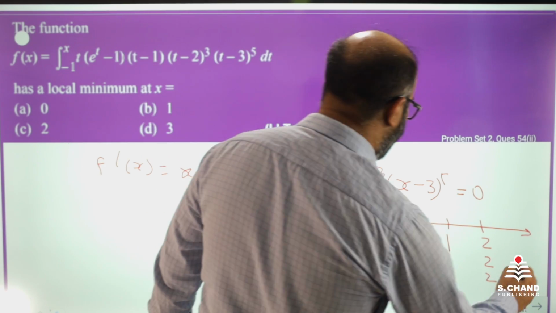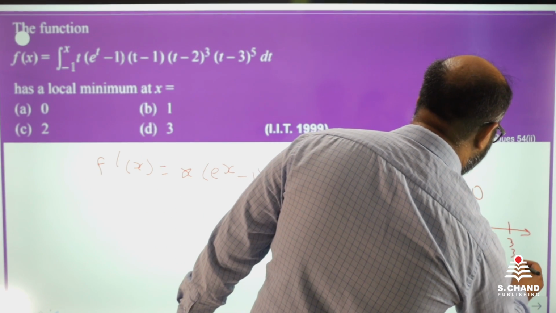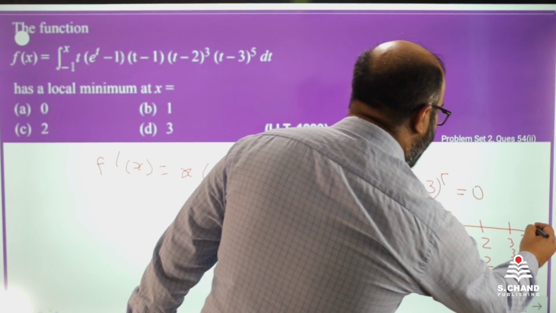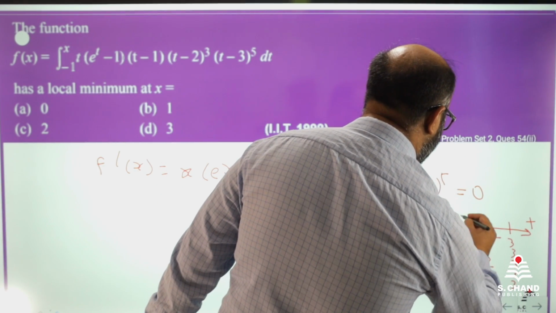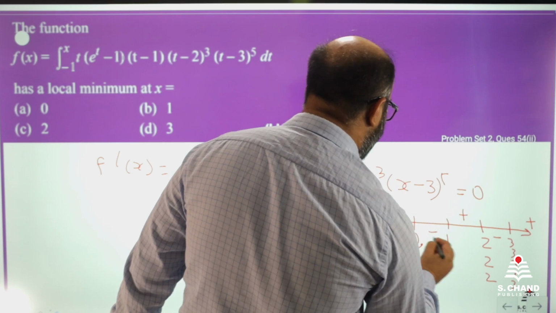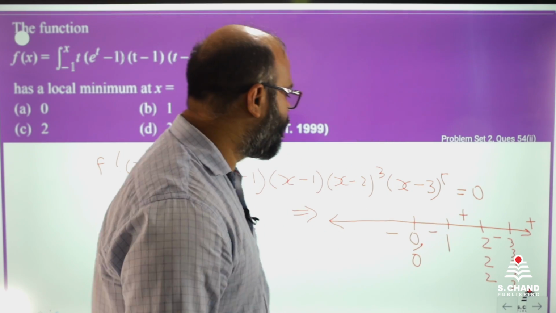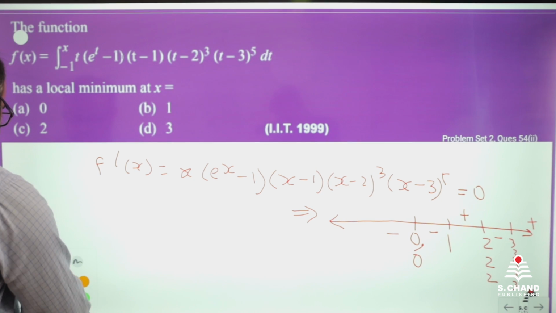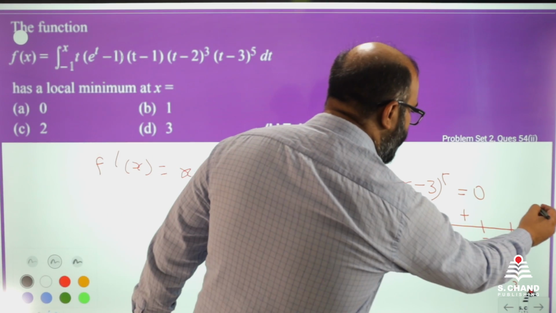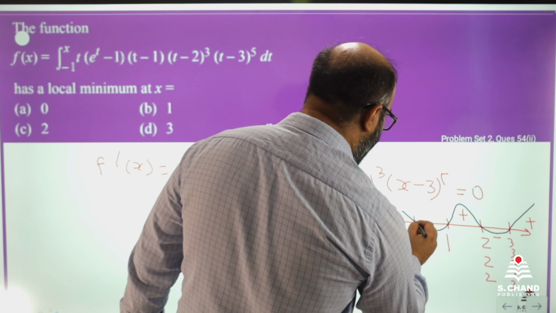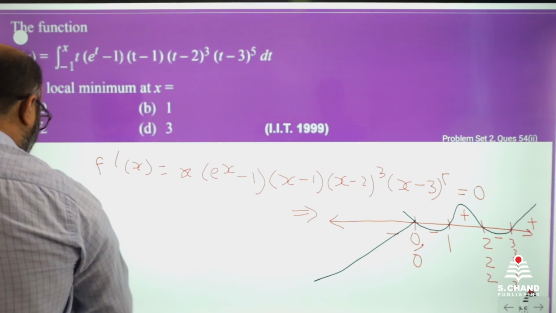And x equal to 3, it is coming 5 times. So if we do the sign scheme, it will be plus, minus and minus, because here it is even number of times. These are odd number of times. So if you draw the wavy curve, it would be something like this. Here, here, here, sorry, and here. You don't have to go above here.